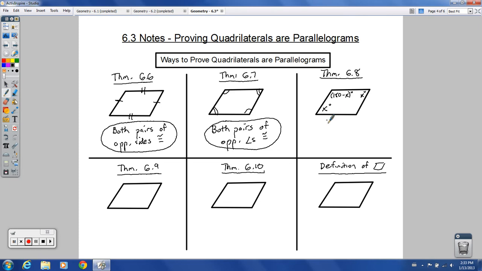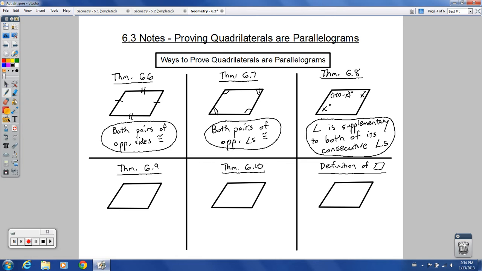And so if any consecutive angles add to 180, for any pair of consecutive angles in a quadrilateral, then you know that shape has to be a parallelogram. So an angle is supplementary to both of its consecutive angles. If that is the case, then you know that quadrilateral has to be more specifically a parallelogram.